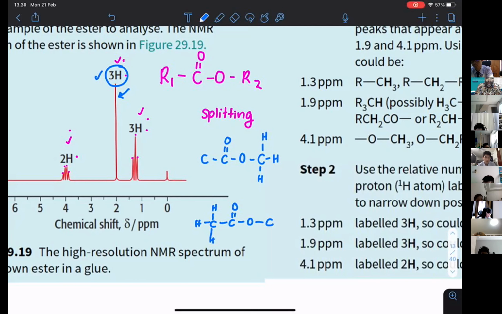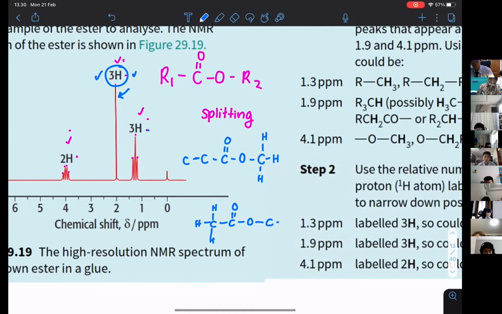Now, if I look at other examples, they say that for 3 hydrogen, there is 3 hydrogen. If I have, for example, CH3, it means that there are another 2 environments. In order to have another 2 environments, you must have another carbon. If not, you are not going to have enough environments. If I don't have another carbon and I put everything as H and H, you are going to have 2 environments only. I need 3 environments, so I must put another carbon there.